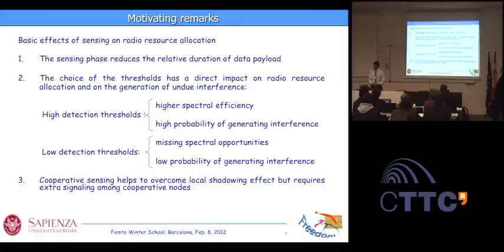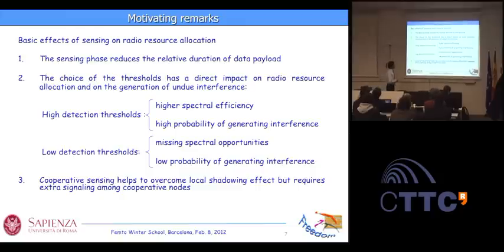So if we just detect noise somewhere, in principle we could use that sub-channel because there is no one there. It was only noise, but we don't use it just because of this false alarm. But then we are missing spectral opportunities. So the rate that we could get is lower than the one that was possible over that channel.